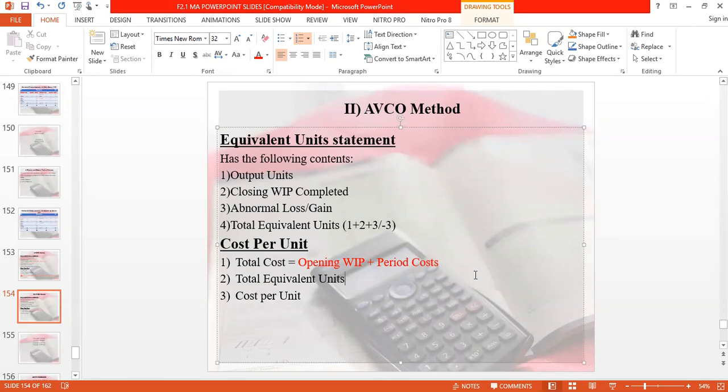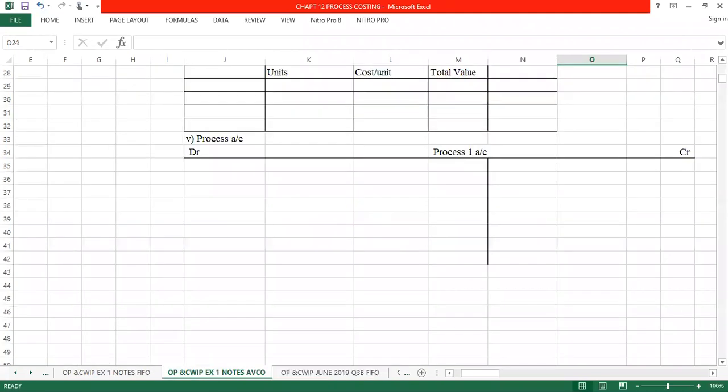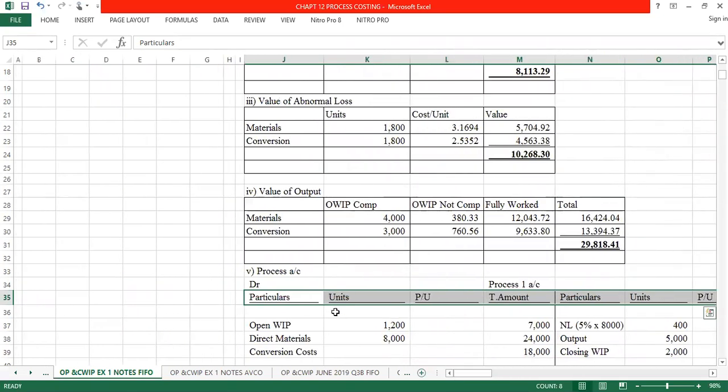Okay. So in this case, we look at the same example we covered, but I think I can do only one example, because this is more straightforward. So let's go to the same example we covered, but now we do it using AVCO. Which was the first example? Yeah. This example we covered, we started with in the morning.